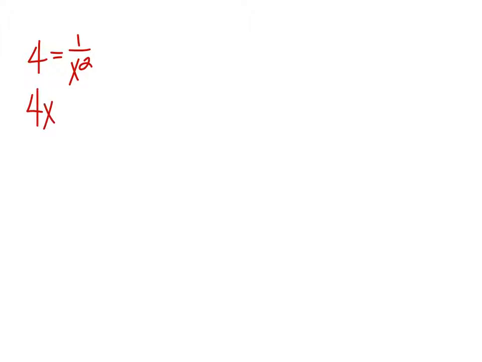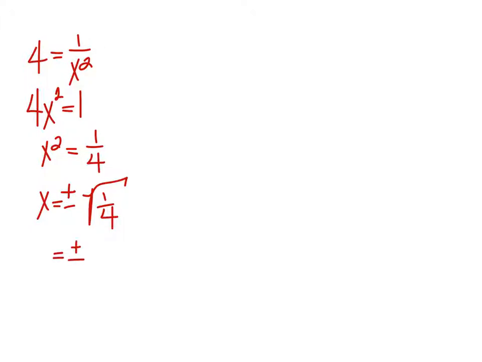Solve this for x, so multiply both sides by x squared, divide by 4. And then square root of both sides. So we'll get plus or minus the square root of 1/4, which is plus or minus 1/2.